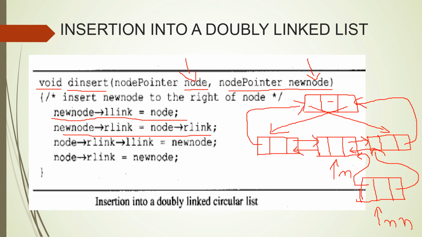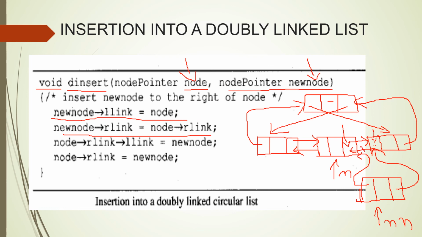So how to access this field now? Node of R link is this one. Of L link means this field. Here node of R link is this field, and it holds the address of this node. So node of R link of L link means this field. To this field you are going to store the address of the new node.